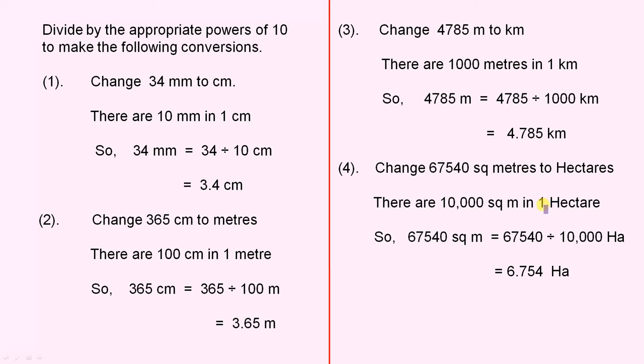There are 10,000 square metres in 1 hectare, so 67,540 square metres is 67,540 divided by 10,000 hectares. That means we move the decimal point four places to the left. 1, 2, 3, 4, and that gives us 6.754 hectares.